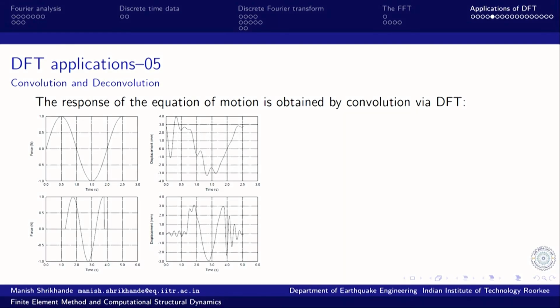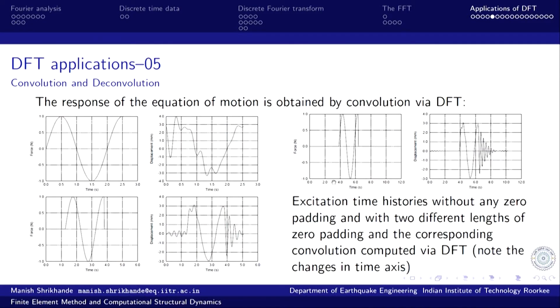Now we go to another case of 0 padding. Now the time axis goes from 0 to 12 seconds, so the 0 padding is increased. The waveform that we have is still 2.54 seconds long, and the rest is all 0 padding.